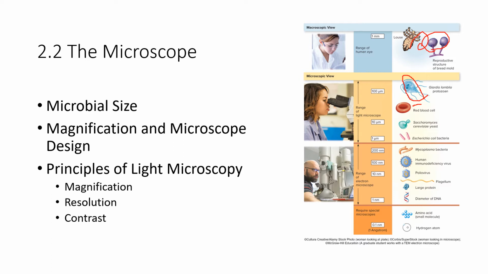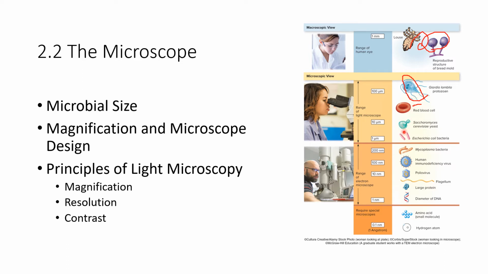As you go up in magnification, though, you're going to be losing resolution. So at low magnification, the Giardia, the red blood cell, will look nice and crisp. But as you go up in magnification so you can start to see things within the cell, you're going to lose resolution. It means it's going to be less crisp as you look at it.